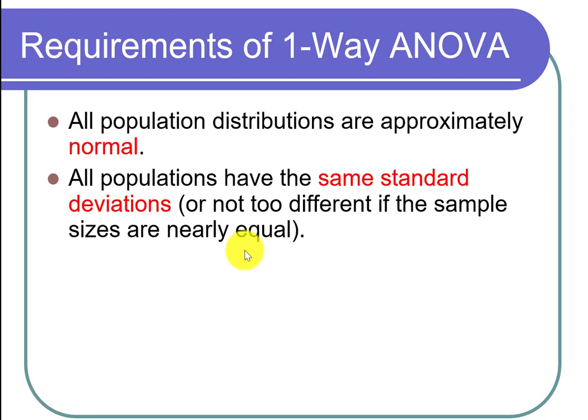There are hypothesis tests for that. I'm not going into it, but if you take an advanced statistics class, you'll be able to verify or say that they're not the same, or say there isn't evidence to show they're not the same. But for this class, just note that you've got to have the same standard deviations or close to the same to be able to do ANOVA.